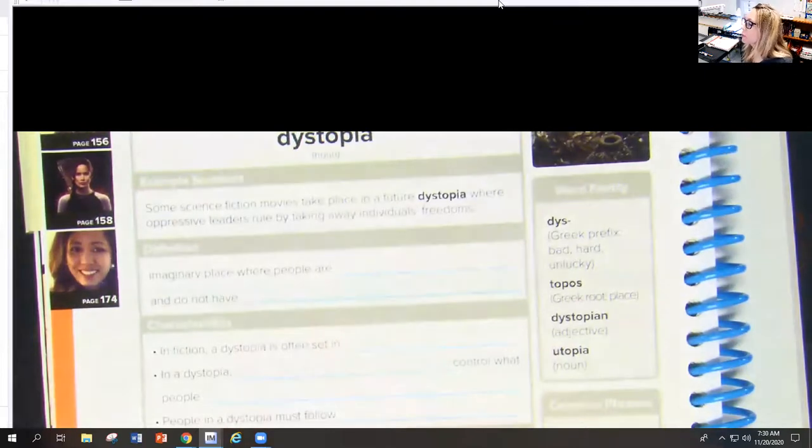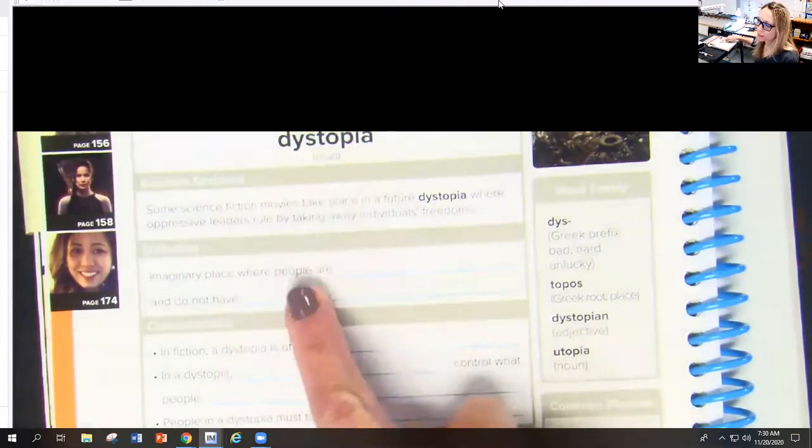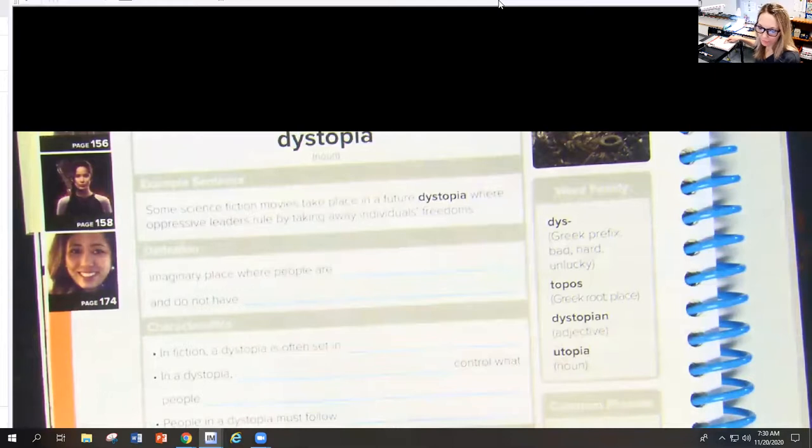Some science fiction movies take place in a future dystopia where oppressive leaders rule by taking away individual freedoms. And actually, you can use a lot of these context clues to fill in a lot of this stuff down here. So the first one, for example, imagine a place where people are blank and do not have blank. You can get right from that definition. You can get context clues and come up with your own words.